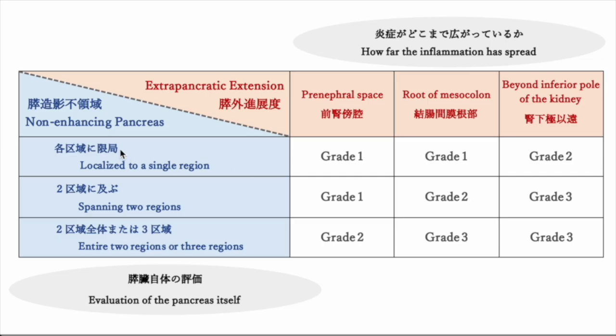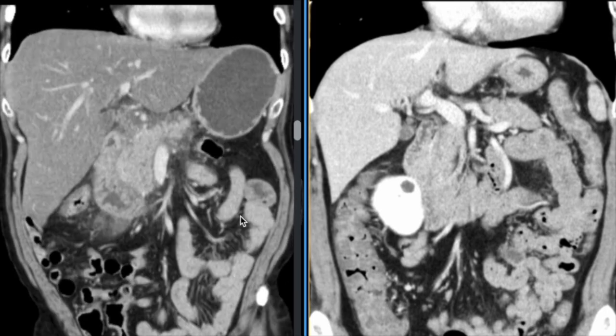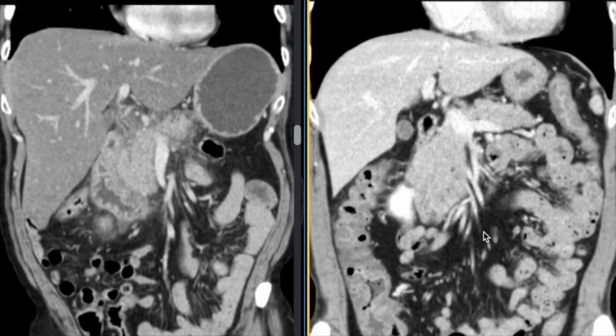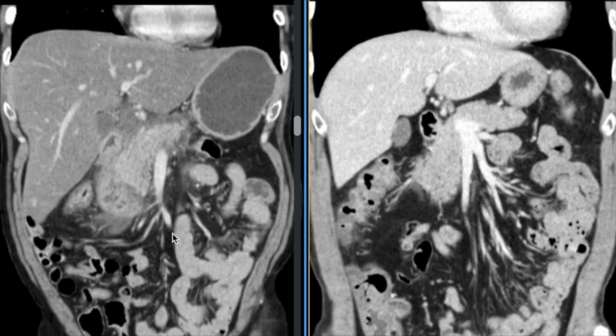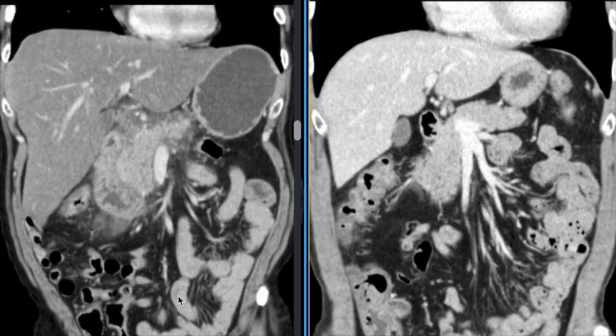Thus, this case shows no pancreatic necrosis and no extensive spread beyond the fascial boundaries, placing it in the top left cell of the diagram. In other words, CT grade 1 pancreatitis. Despite dramatic findings, the CT grading suggests mild severity. Of course, this is only one imaging-based index.